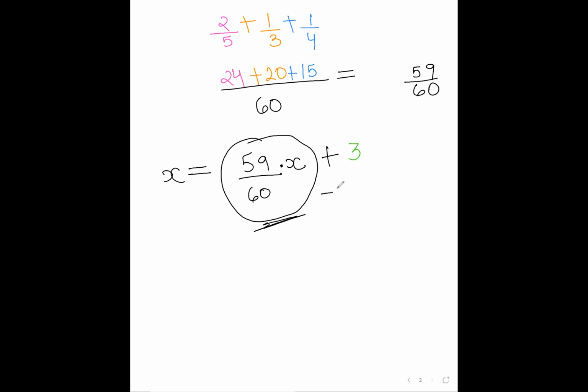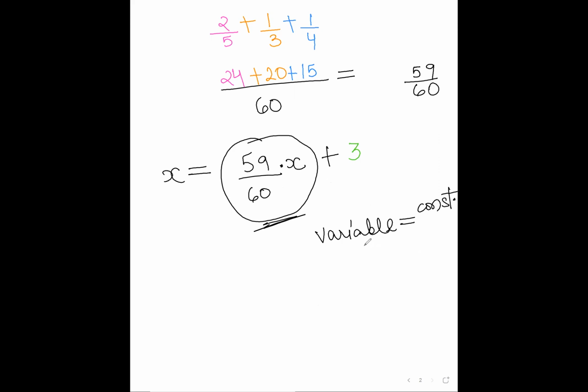Why do we want it to only have 3? Because remember the number one rule of solving an equation: our variable is going to be on one side, then an equal to sign, and the constant is going to be on the other side.